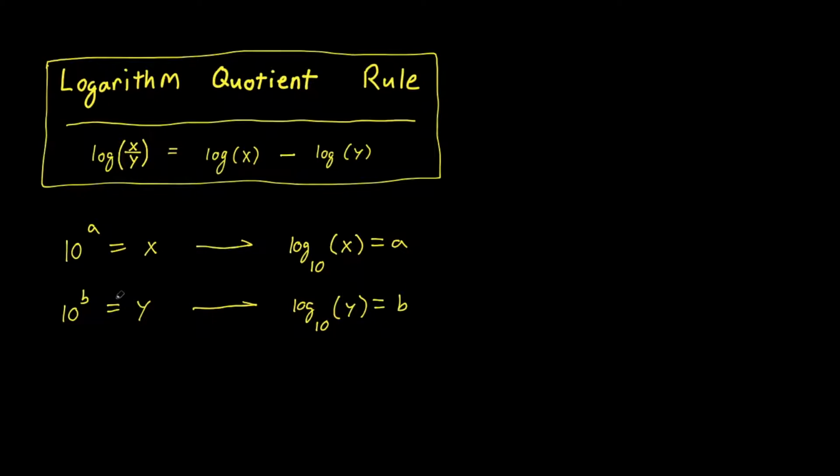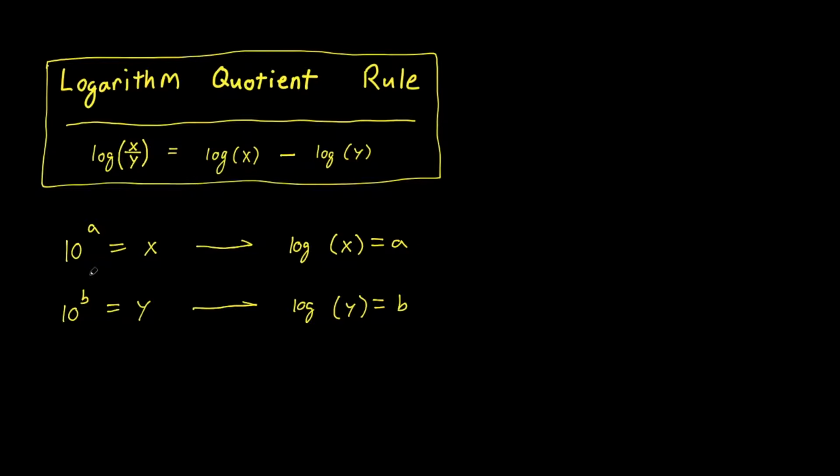And I use 10 as the base as a convenient way to write log base 10. People just get rid of this 10 and say log of x, log of y. So you get rid of the 10, and it's just the shorthand. Whenever you just see plain log, like up here, where we have log of x over y, that's shorthand for log base 10.